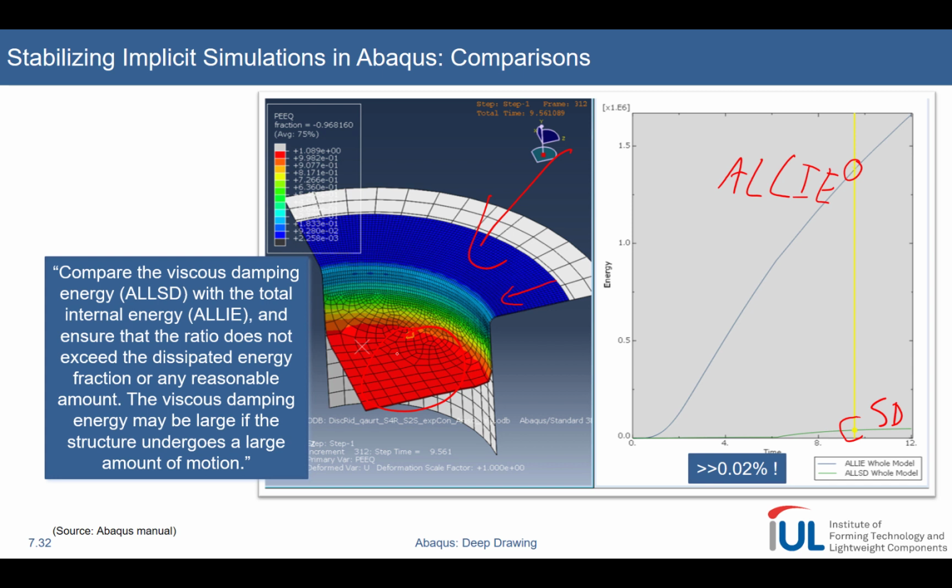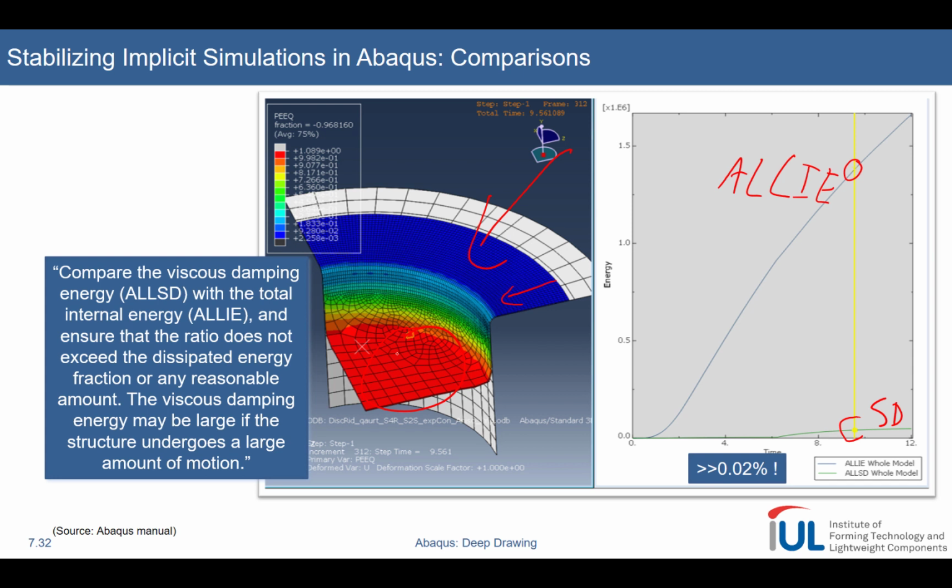So keep in mind, usually doing all this energy analysis is only something you have to do for your explicit simulations, where you have to check if you increase your punch velocity, or if you do some mass scaling using density, then you have to check all the energies and see, okay, how does my kinetic energy relate to my internal energy?